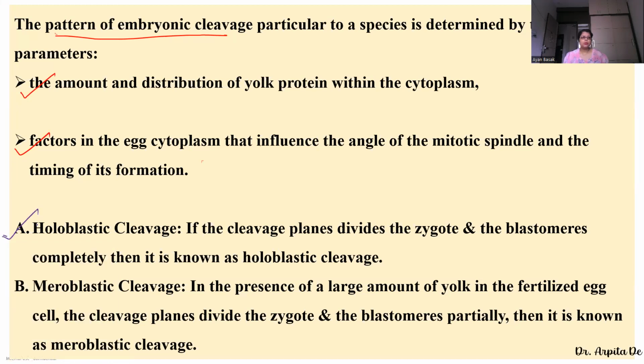So what is holoblastic cleavage? Holoblastic cleavage is that type of cleavage where you can see that the cleavage plane is dividing the zygote as well as the blastomeres completely.